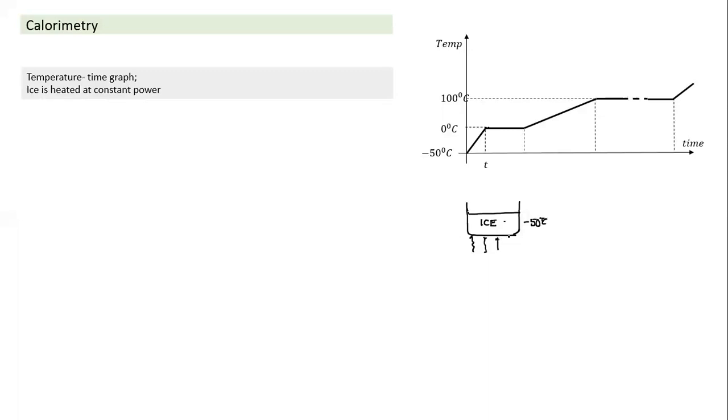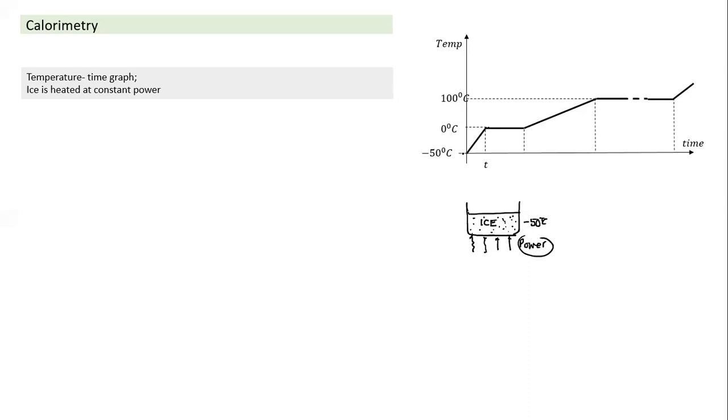So the power is the same, and it could be in the form of a heater. We heat in such a way that the temperature all across remains the same. So either the mixing is so efficient, or heat is supplied so slowly, that every part of this object is at the same temperature. It will happen only when the conduction is high or the mixing is so good.